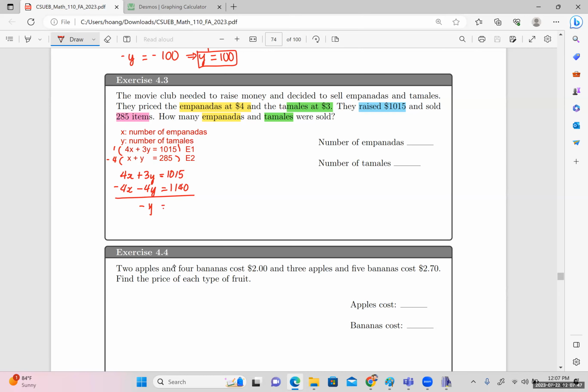Let me use the other one. Should this be negative, right? And 1,015 minus 1,140 will be -125.